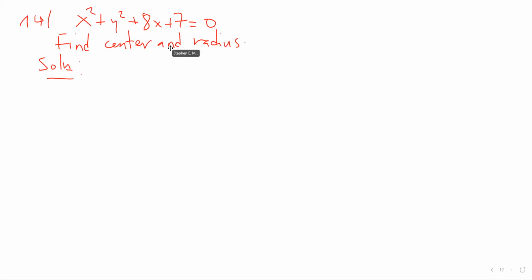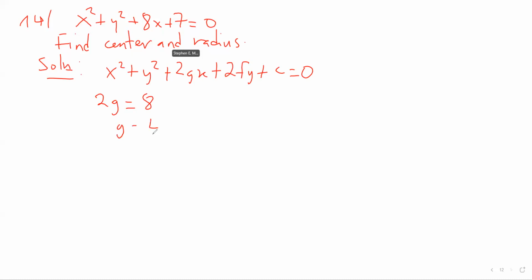We just have to compare with the general equation of the circle. Now we'll see that 2g is equal to 8 and g is equal to 4.